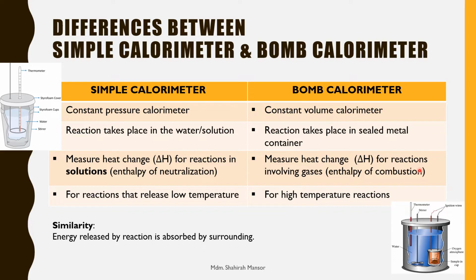Meanwhile for bomb calorimeter, since combustion can occur here, the bomb calorimeter can be used to measure heat change for reactions involving gases. So when the solid sample burns, we will get carbon dioxide and water, in gaseous form, right? So this bomb calorimeter is more suitable for identifying the enthalpy change for reactions involving gases. So that is for enthalpy of combustion.